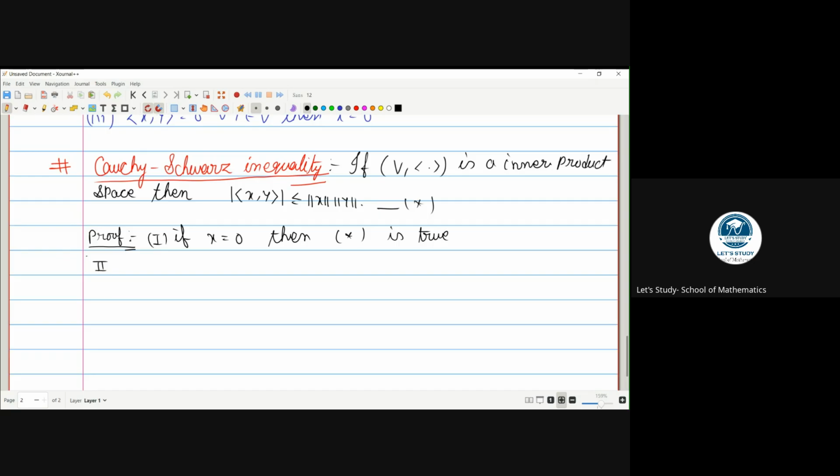In case x is not equal to 0, we may define z to be y minus the projection term. Now, first calculate this term.